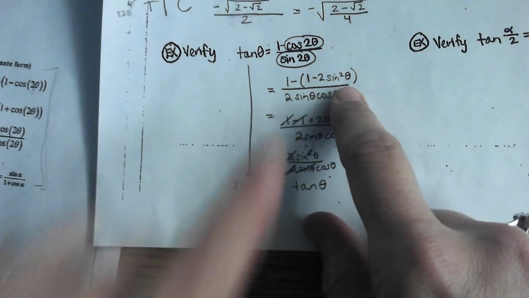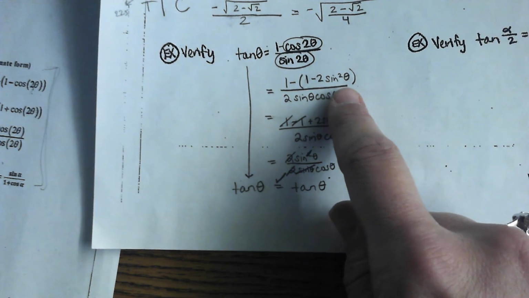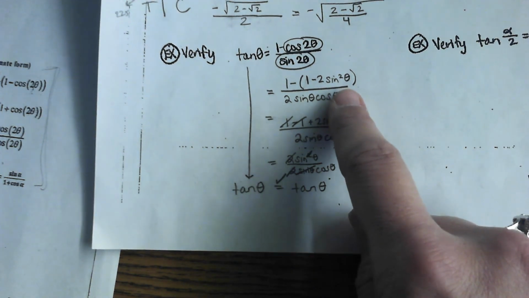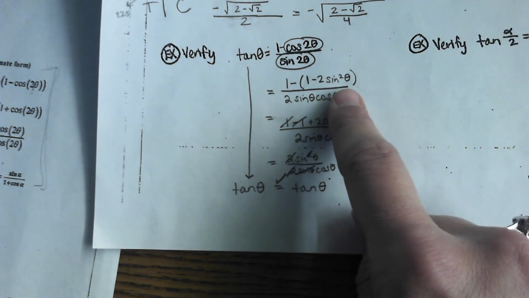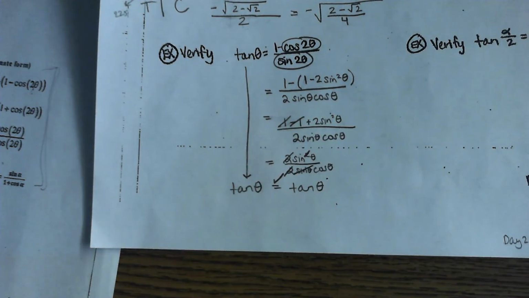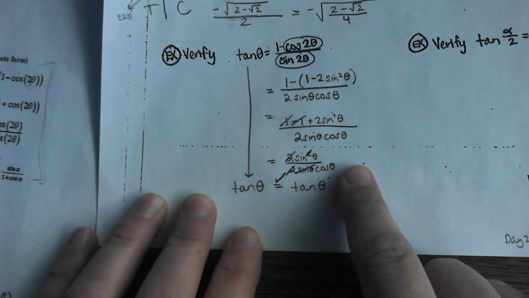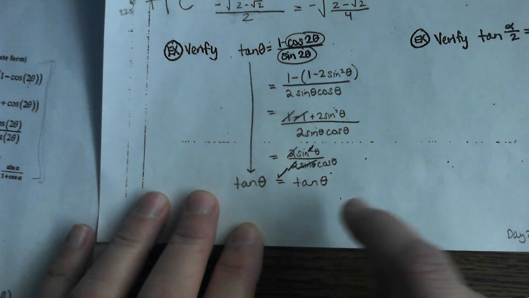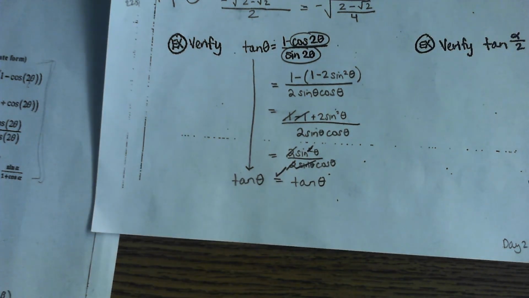A lot of you used something different, and then your 1 minus cosine squared, you made sine squared. So we all ended up eventually with 2 sine squared theta. Then your 2s cancel, your sines cancel, leaving only 1 up top. Sine over cosine is tangent.